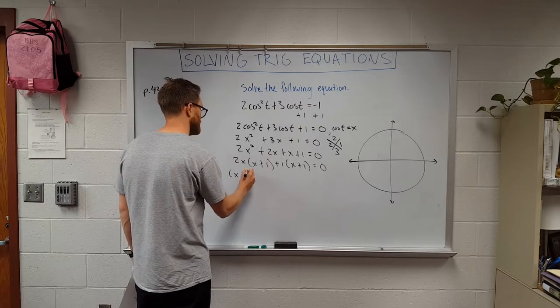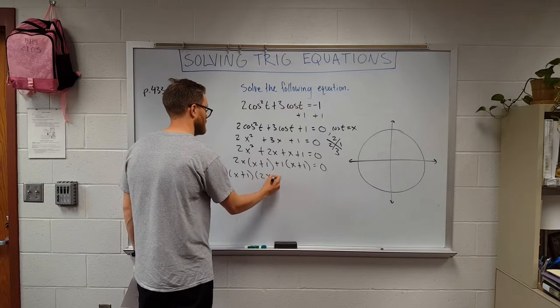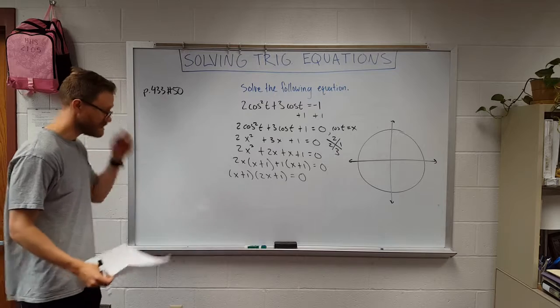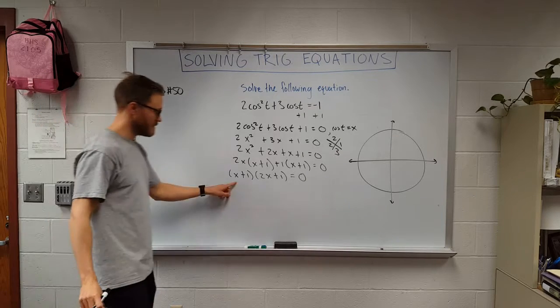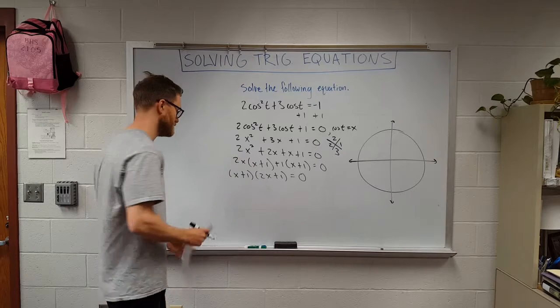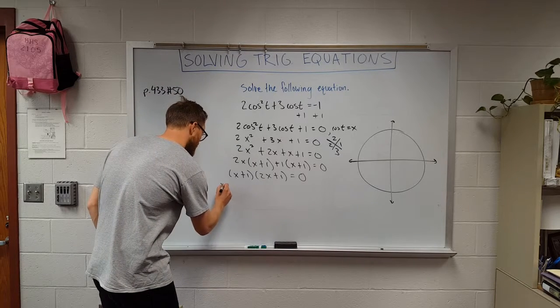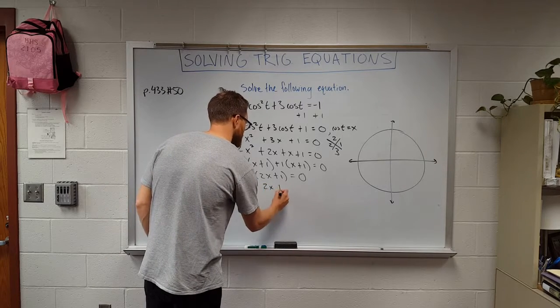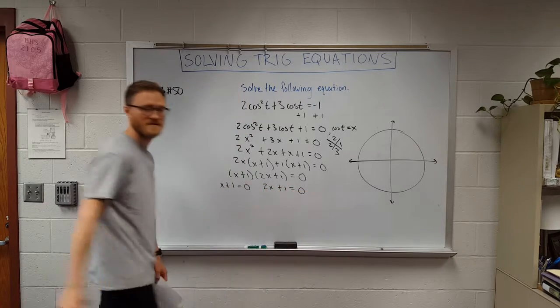So I get x plus 1 times 2x plus 1 equals 0. And now, I'm going to set each one of these binomials equal to 0. So x plus 1 equals 0, and 2x plus 1 equals 0.